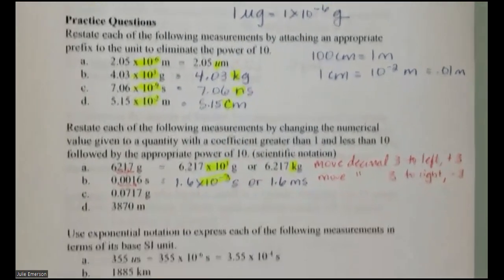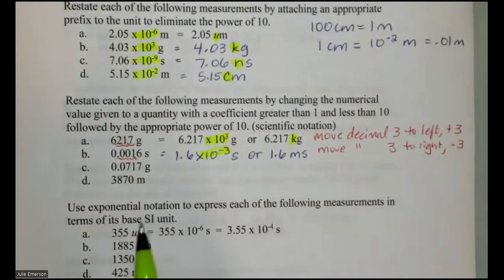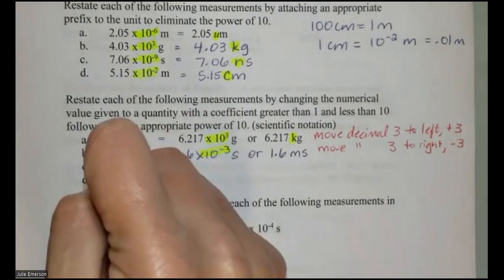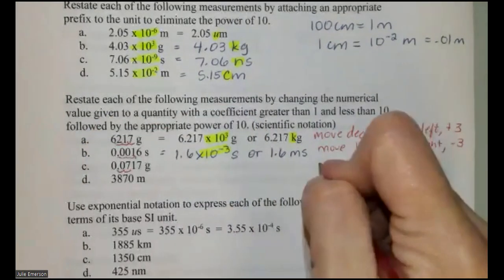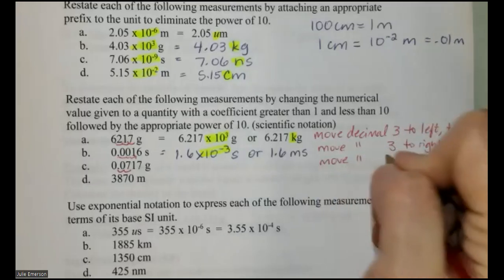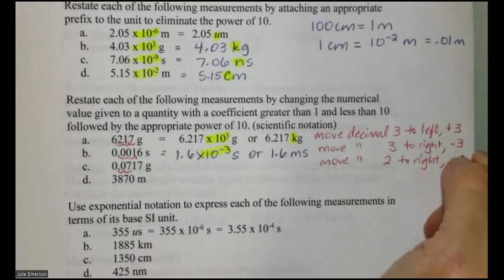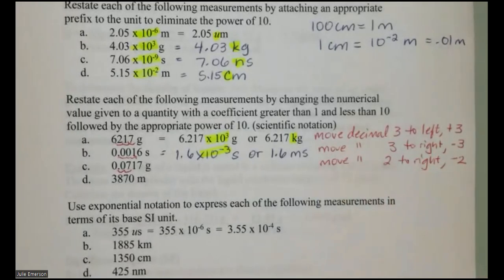All right. 2 more to go. We have 0.0717. So here I'm going to move the decimal 2 to the right. So that means the power is going to be a negative 2. So anytime you move it to the right, you're going to put negative on the exponent.